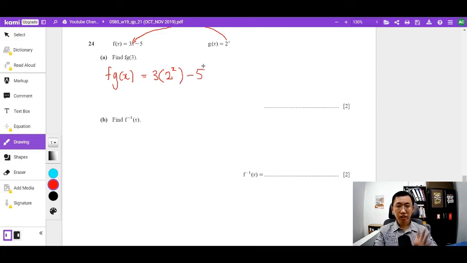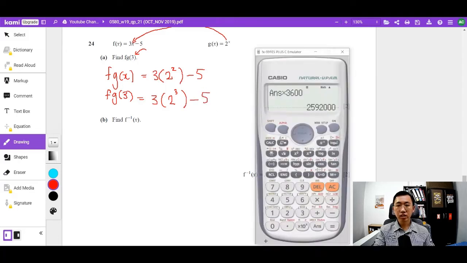So once you have already changed this to fg(x), then you can do this question right now. fg(3) means you're going to substitute 3 into your x. So write again, fg(3) means you are going to replace your x with 3. So close, -5. Okay, so from here it's just calculator work.